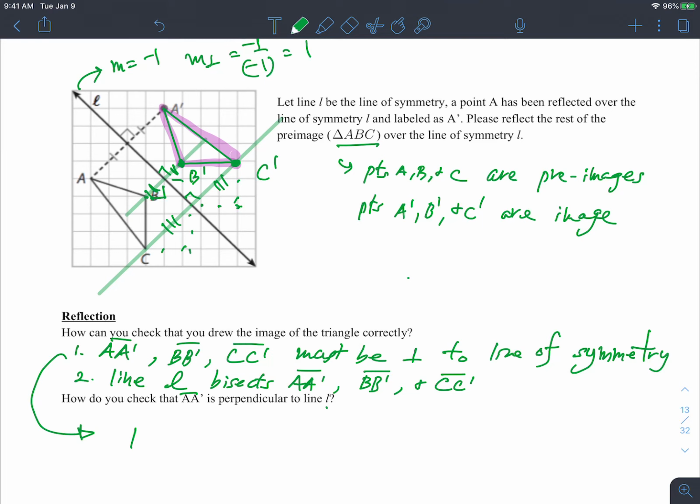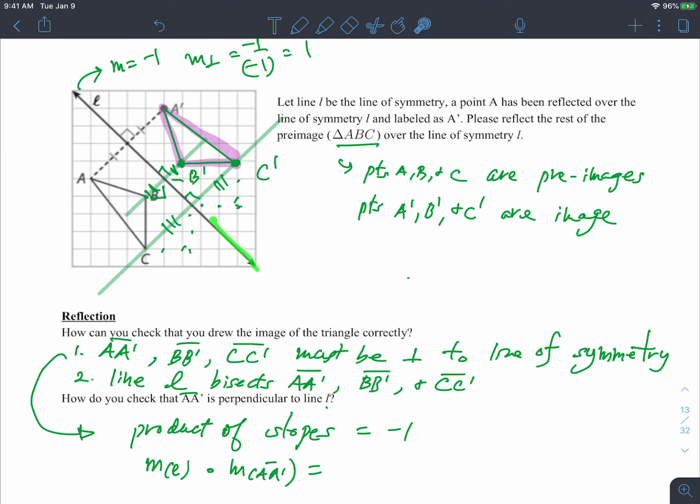Well, the product of slopes, right, is equal to -1. In other words, the slope of L times the slope of A prime. Well, let's take a look.